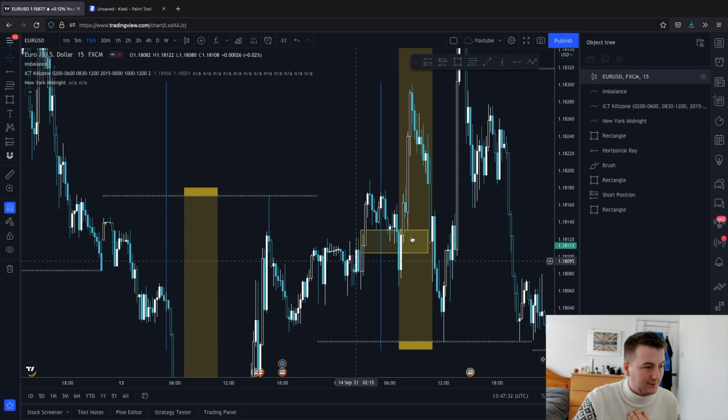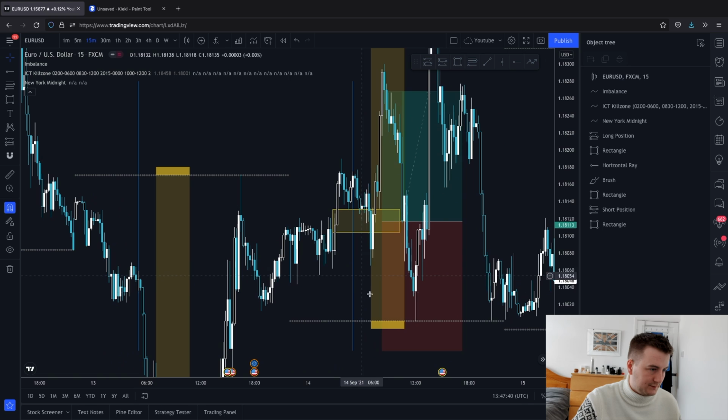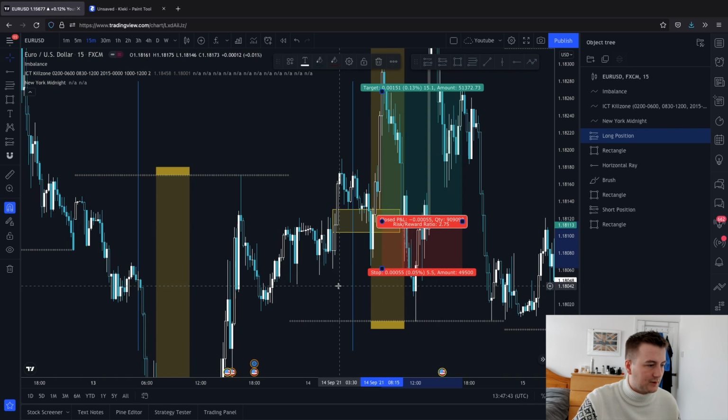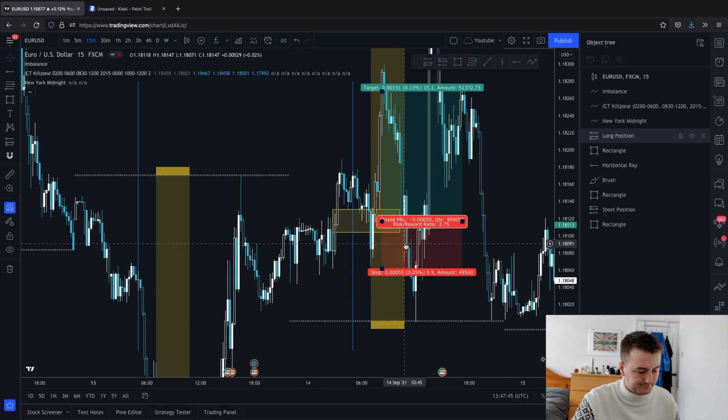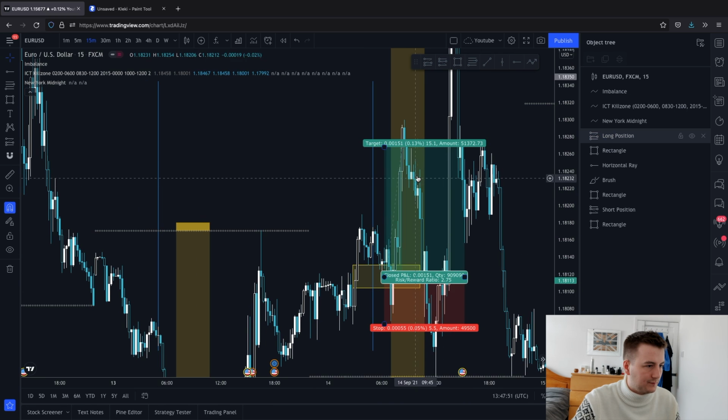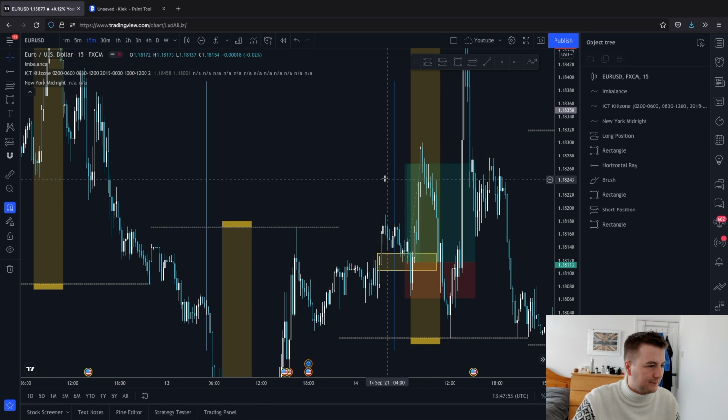That price came in dead on the London kill zone start. Okay, so set stop loss at the low, like so. What do we target?